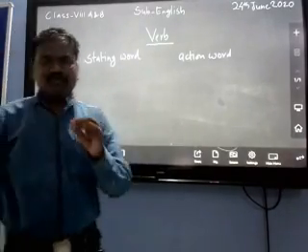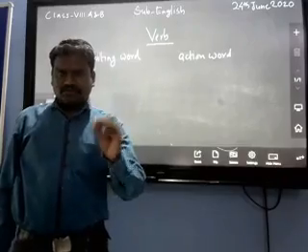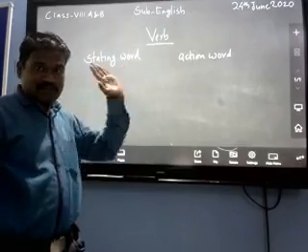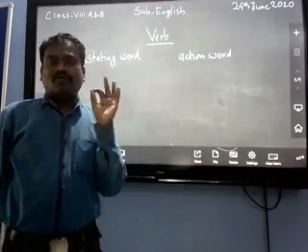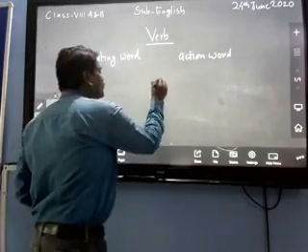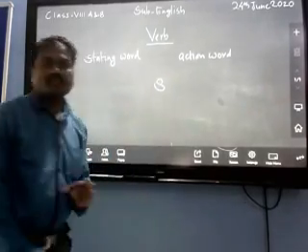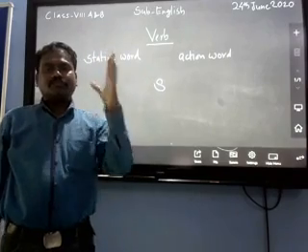Now what does stating word mean? You can understand action word, but you may pay attention to this particular concept, stating word. When a word is stating something about the subject, that word can be called a verb.